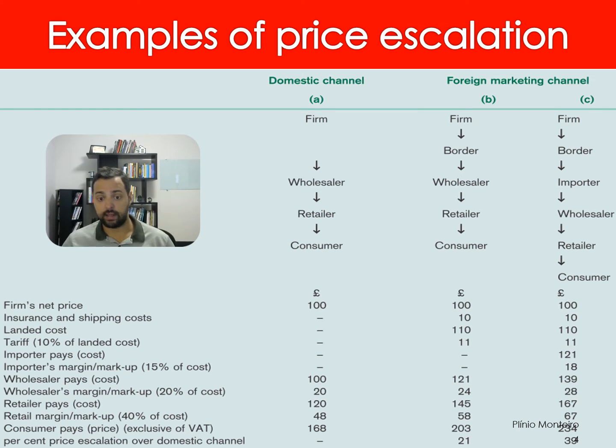So the wholesaler will start with a cost of 100. If they apply a 20% markup, then the retailer will pay the price of 120 units.